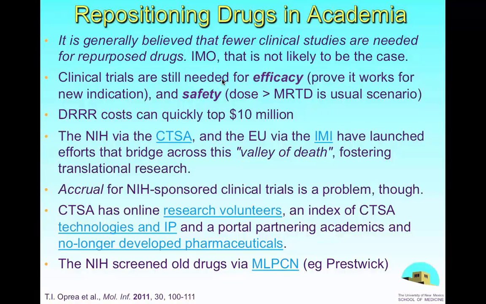I've been doing this for almost 10 years. I have come to the conclusion that's not really true. I think you can quickly reach 10 million minimum that you will require to do drug repurposing for 2 reasons, efficacy and safety. You still need to do clinical trials for both.